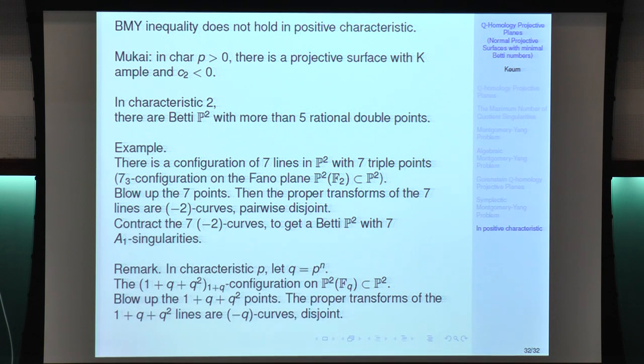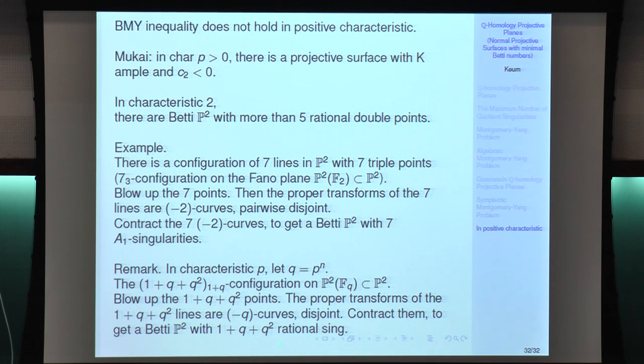Well, you can have a similar construction in any characteristic p, over the field F_q. This one has the configuration with 1 plus q squared points and lines.